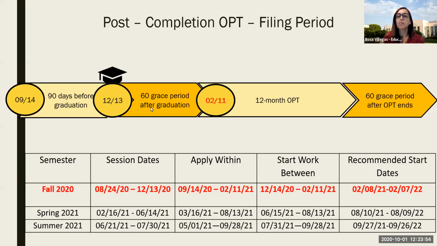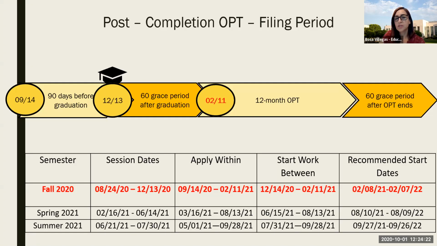And you can still apply 90 days after your graduation, but definitely something to keep in mind is February 11th. That's the final day that you can request, and your application for OPT should be in the USCIS office. If you apply after this date, most likely your application will be denied and you will be out of status.